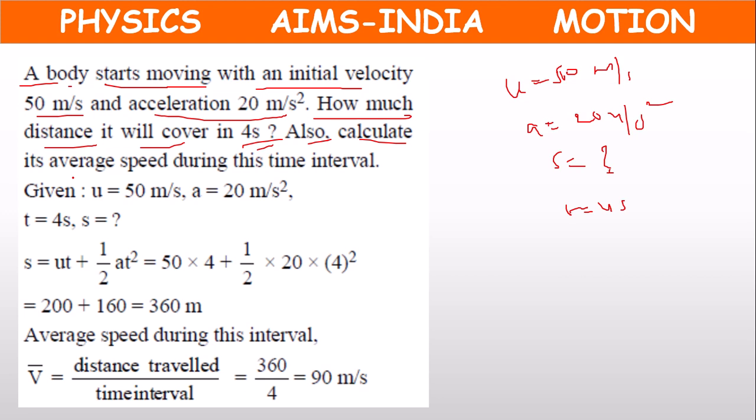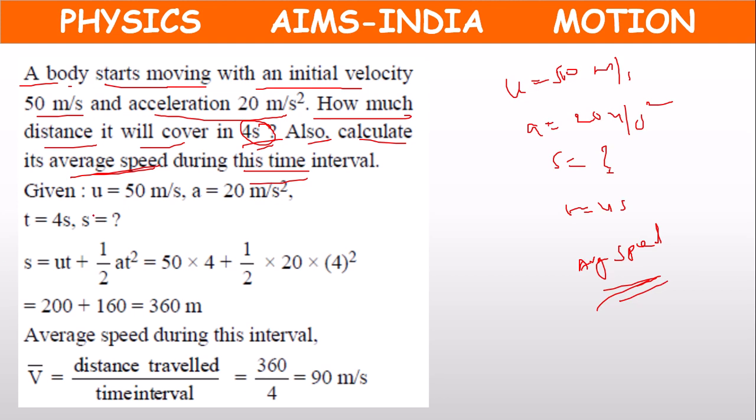Also calculate the average speed. The average speed also we have to calculate during this time interval. During this 4 seconds, what is the average speed? That also we have to calculate.